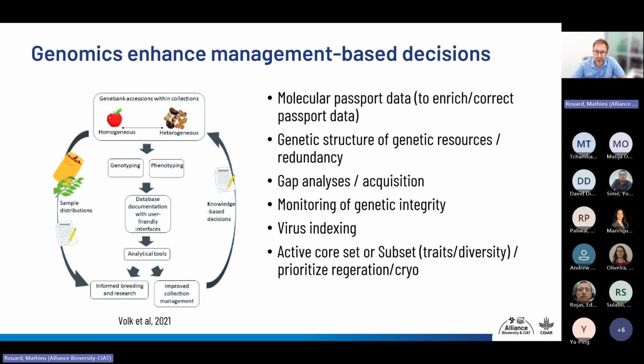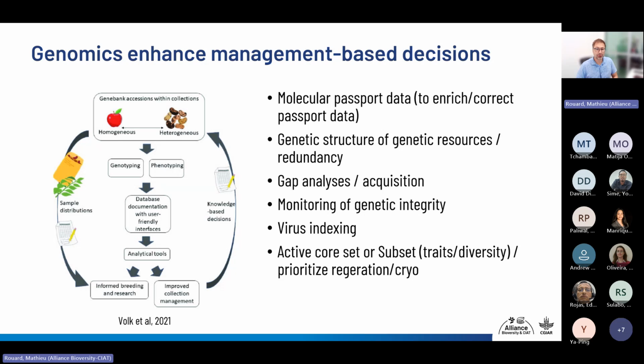This information has been very useful to correct and complete the passport data of accessions, to look at the genetic structure of genetic resources, and to look for redundancy of accessions. It's also a good way to make gap analysis and to look for new accessions to be acquired in the GenBanks. It's also a way to monitor the genetic integrity of the accessions.